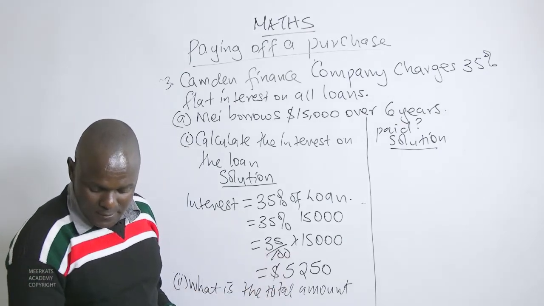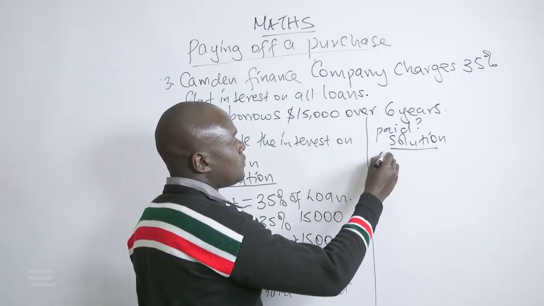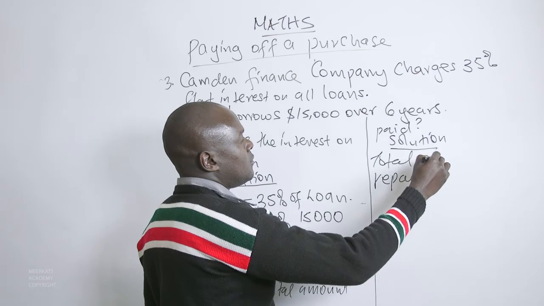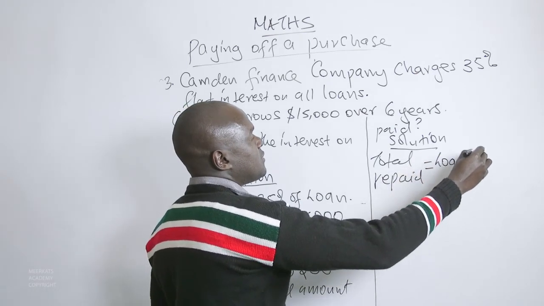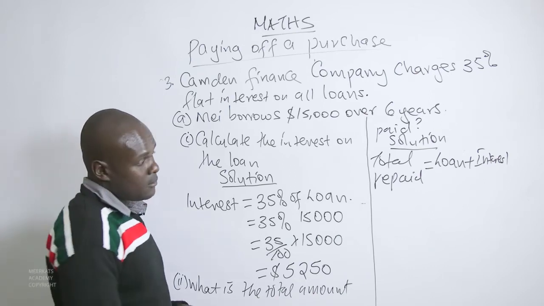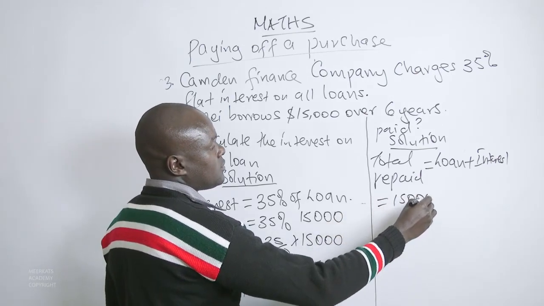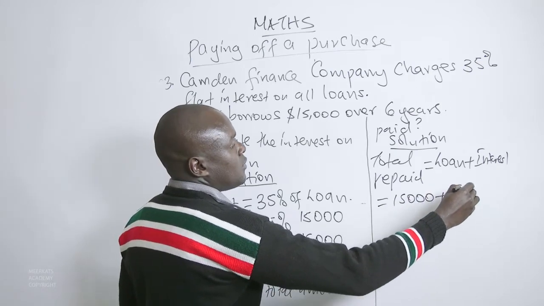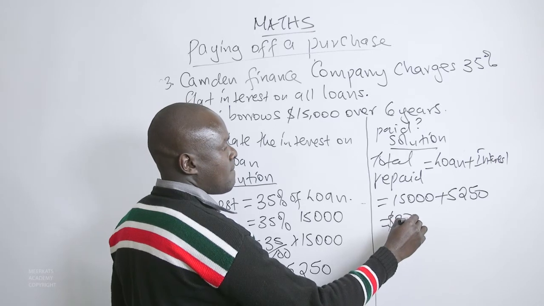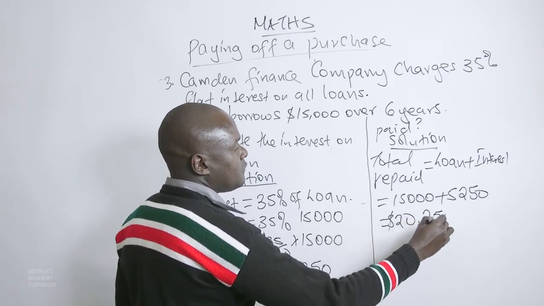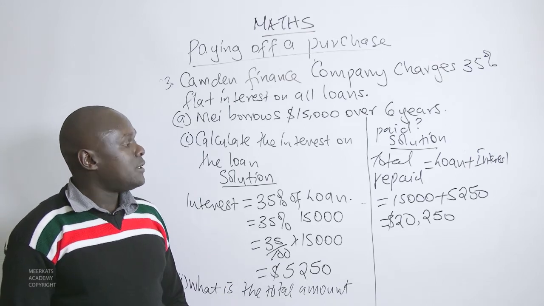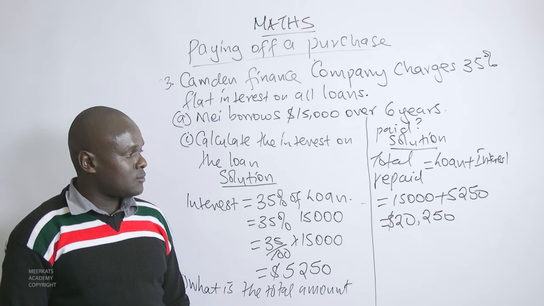So the total amount paid, or what we call total repaid, will be the sum of the loan plus the interest that accrues. And this will be the sum of $15,000 plus $5,250, giving us $20,250. This is the total amount that should be repaid to the Camden Financial Institution by the client, May.